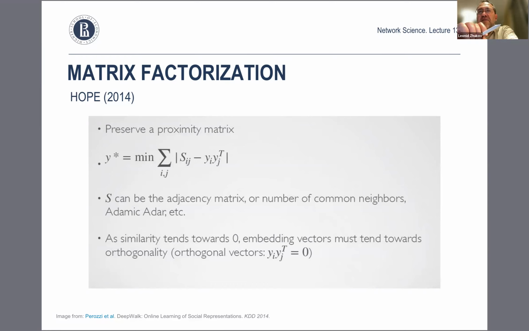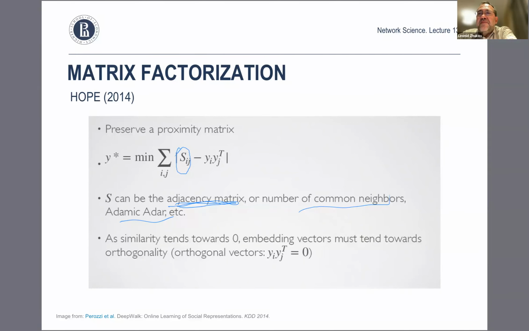Instead of just saying that we want our embeddings for the connected nodes to be next to each other, with a small difference, we can imagine the similarity matrix to be not only the adjacency matrix, but we can do that too, but also we can think about other similarity matrices, like, for example, the number of common neighbors or Adamic-Adar, those metrics you have heard about in the previous lecture.